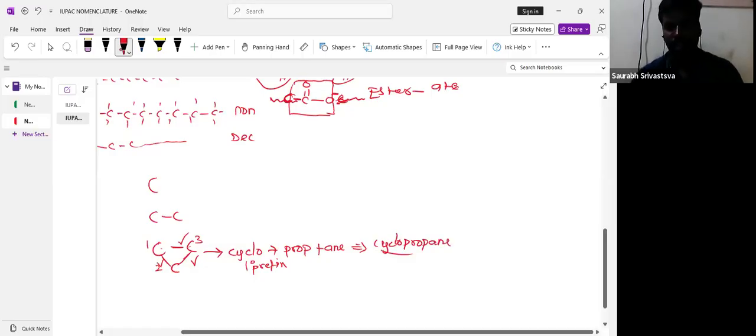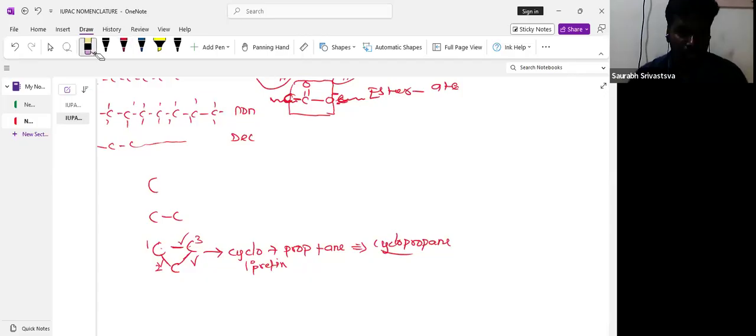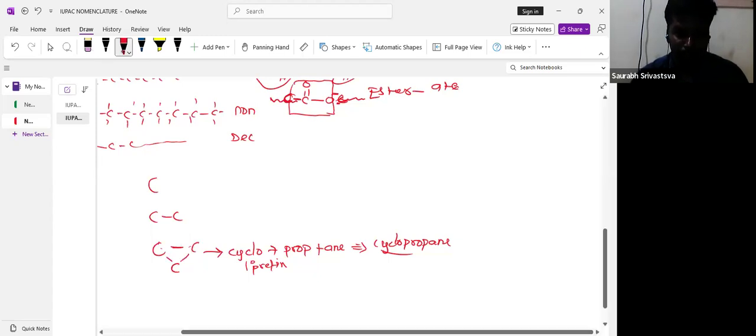Clear, sir? And here you should add hydrogen everywhere. Why? Because you already know that carbon has 4 valency. Here the first valency is over, the second bond is over, the third bond you write as a hydrogen, and the fourth bond also as a hydrogen.